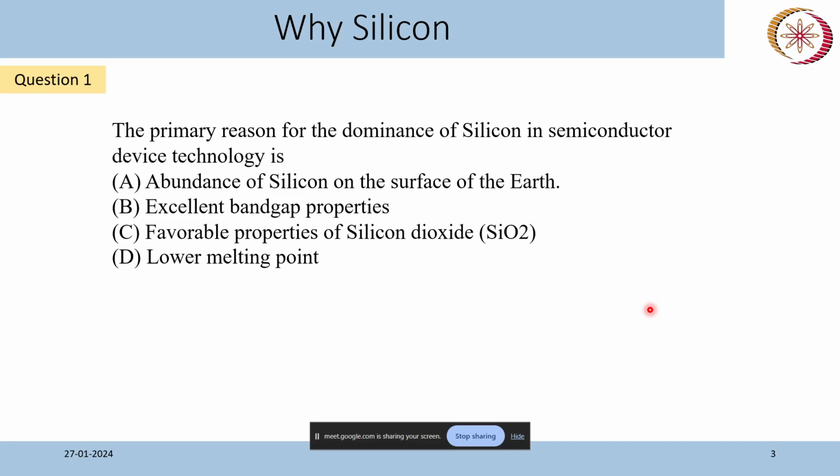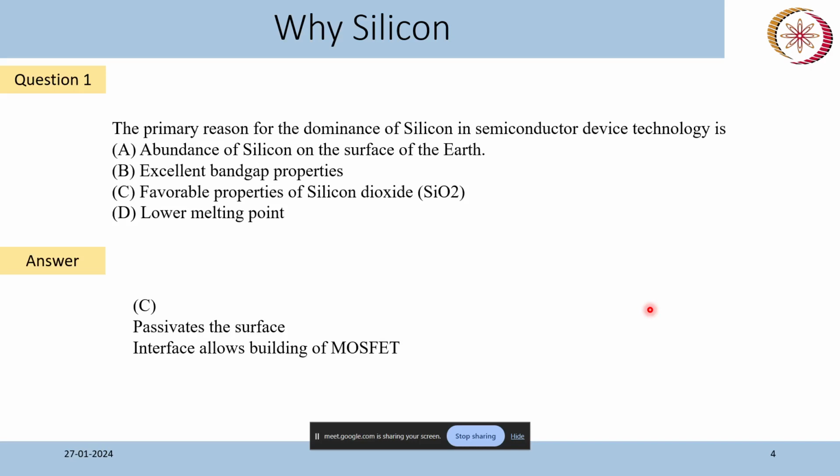This silicon and silicon dioxide interface is very well known and well studied, so there will not be any dangling bonds or any other kind of atoms. Also, this silicon dioxide interface is used in MOSFET.